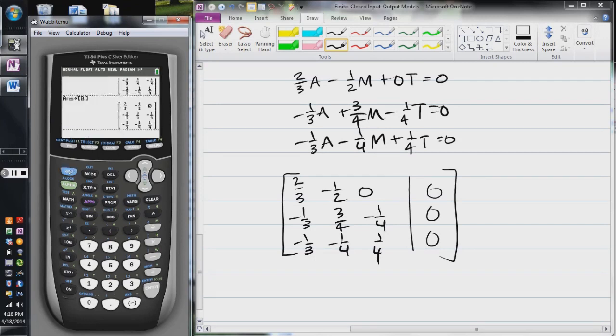Now all I have to do is go to matrix, and I'm going to do some math. I'm going to take matrix B, put it into reduced row echelon form.